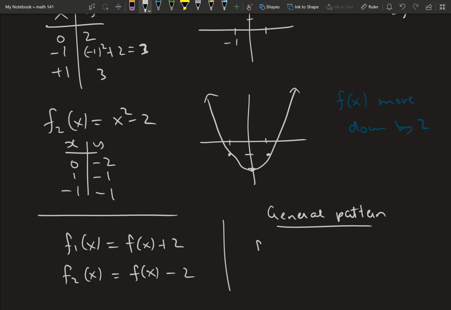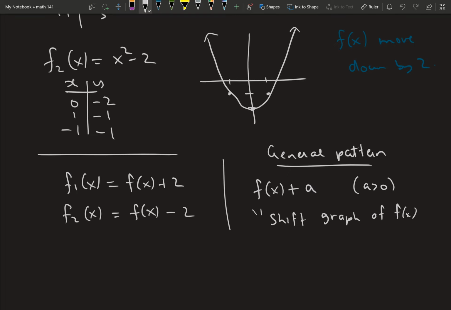If you're given a function f of x plus a positive number a, so we're going to assume here a is positive, then the graph is shift the graph of f of x up by a units.